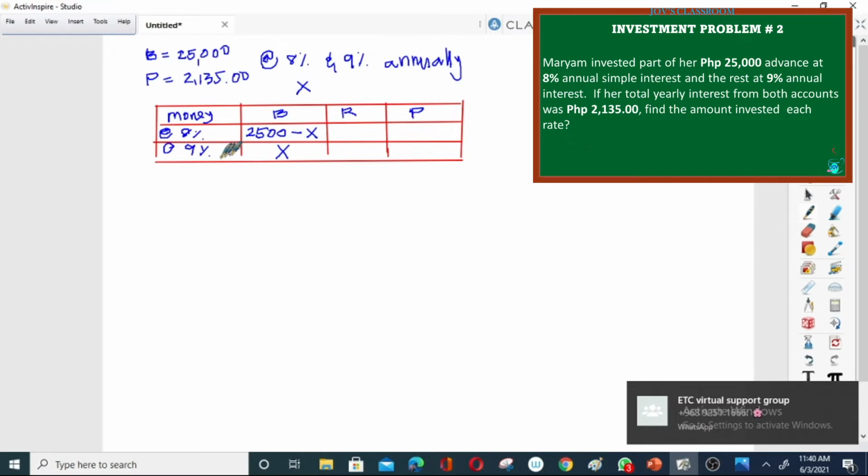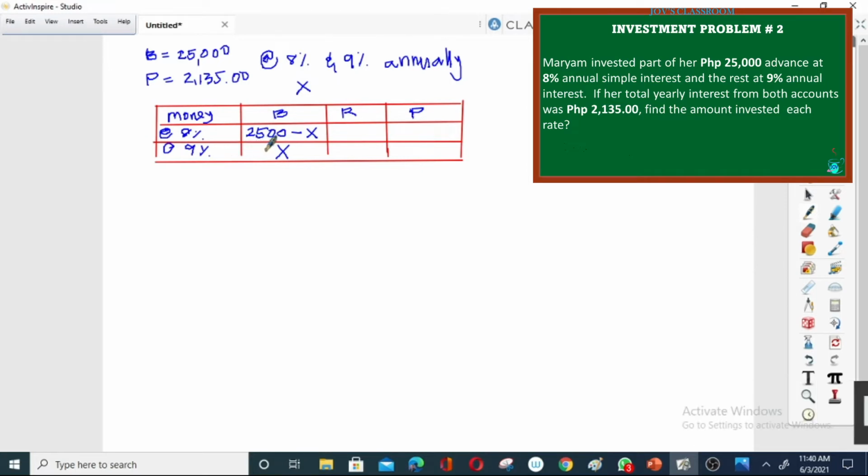It's reverse. The money x will be at 9%. The remaining will be given to the 8% interest rate because it was subtracted. The value subtracted from 25,000 will be the remaining, so the remaining investment will be in 8%.